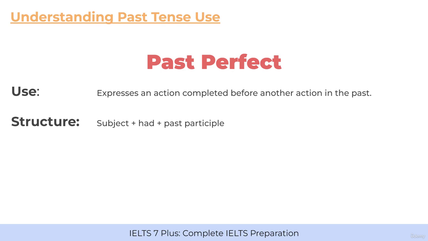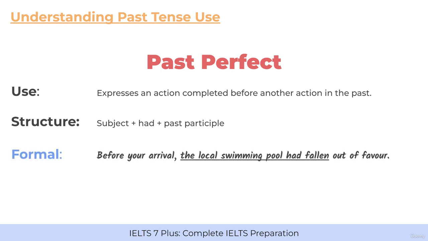Let's see some more examples. First up, in a formal situation. Before your arrival, the local swimming pool had fallen out of favour. Local swimming pool, subject, plus had, plus past participle, fallen, which of course is the past participle of fall.